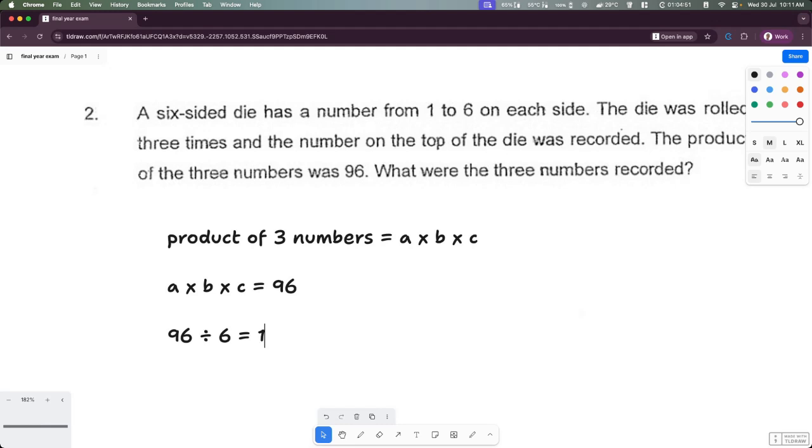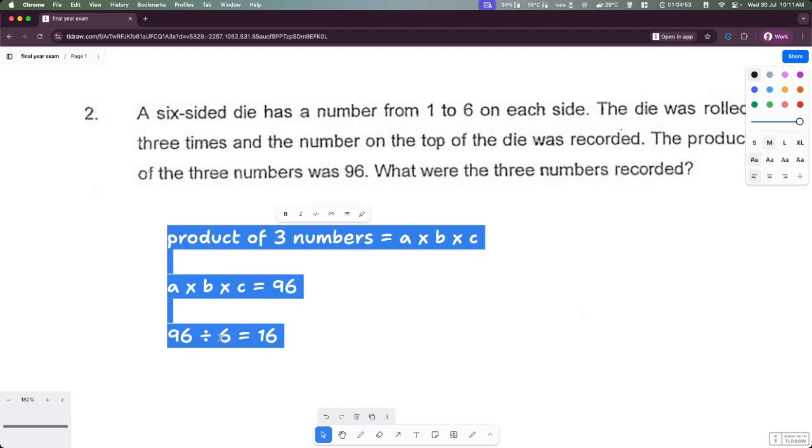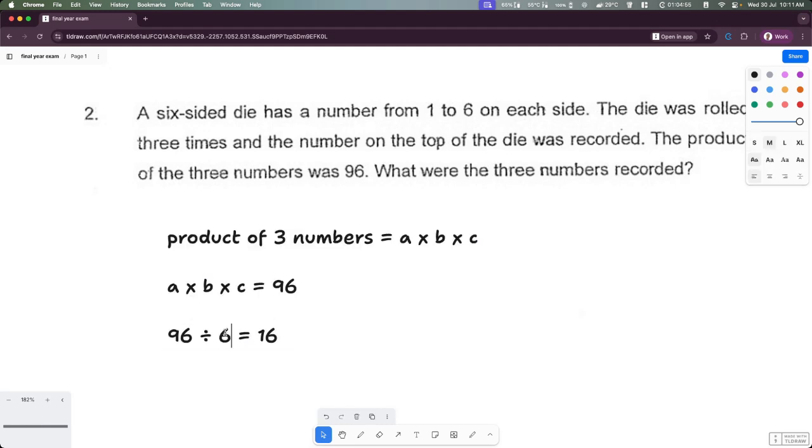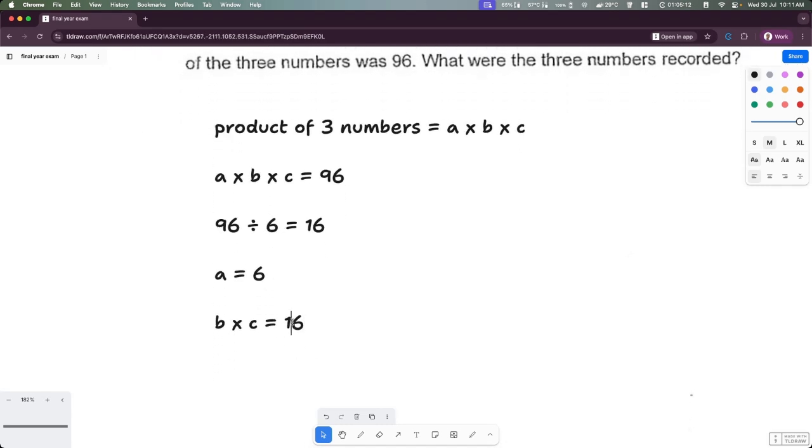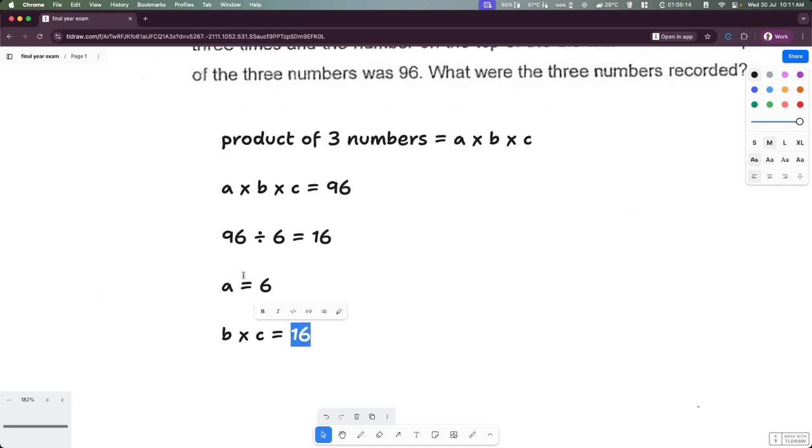So one clue is that 6 is one of the numbers. In this case, A is 6, let's say. So B times C is equal to 16. What can this 16 be, from 1 to 6?